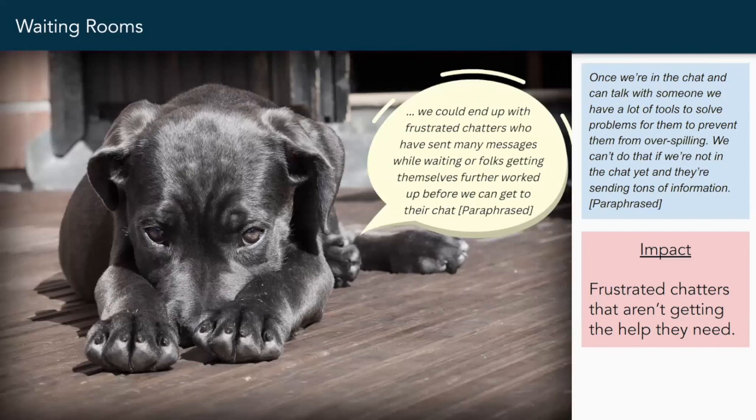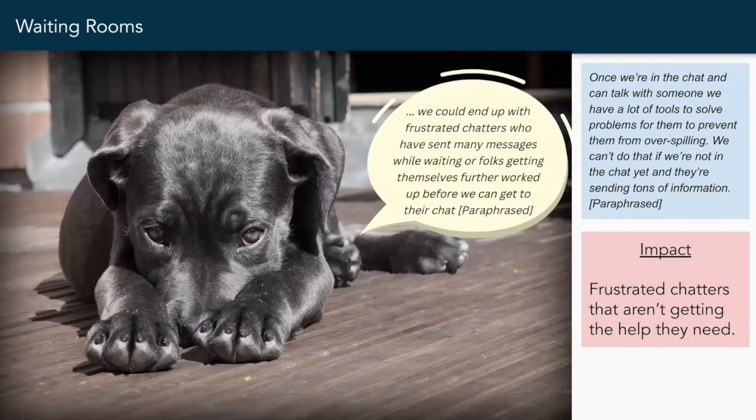Sometimes agencies have one advocate on shift at a time, and that person might be on a call with another survivor, or might have to log into the system and all of that. And so agencies have shared a concern that they could end up with frustrated chatters who send a lot of messages while waiting for an advocate, and get themselves further worked up, further escalated before the advocate can even get to their chat.